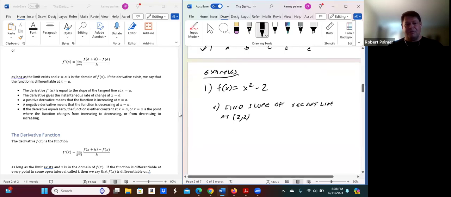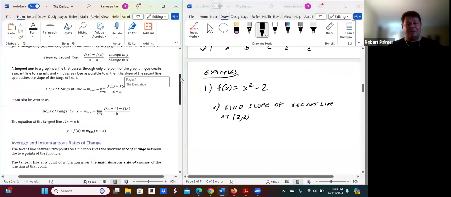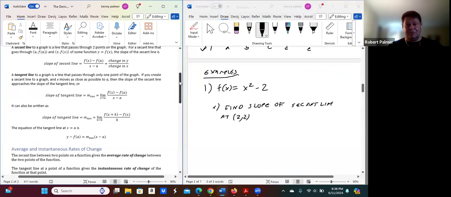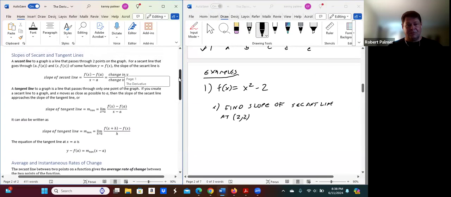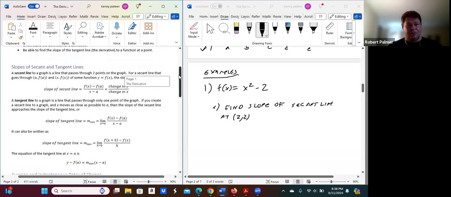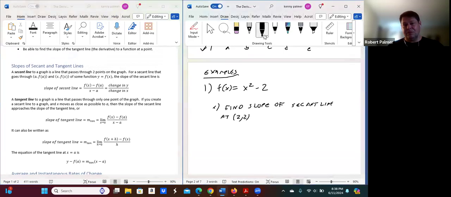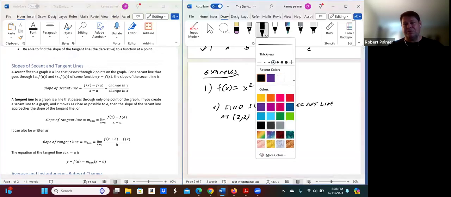Okay, so let's go back. We're at the slope of our secant line, just the slope of the line. Let's go back to our picture.